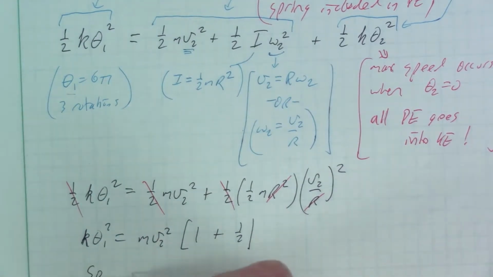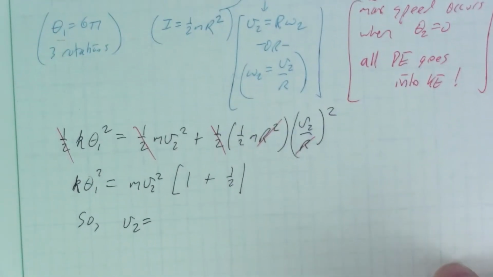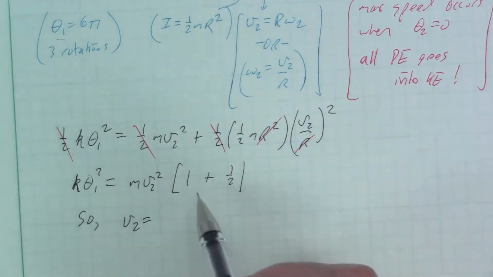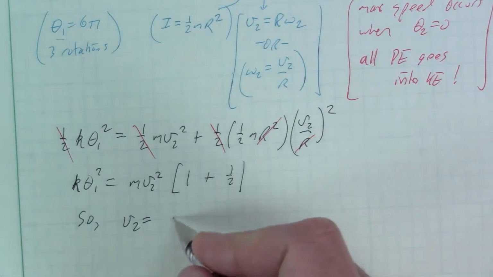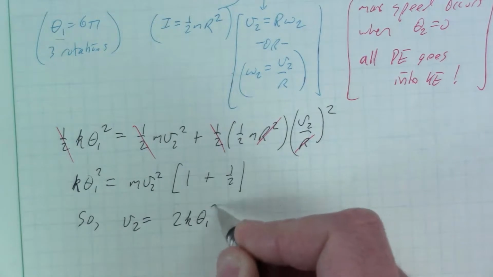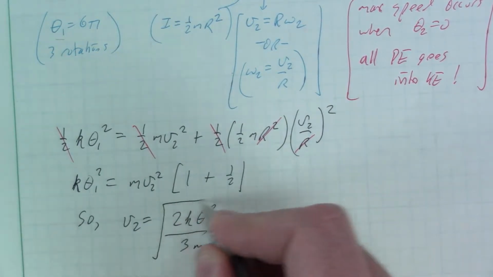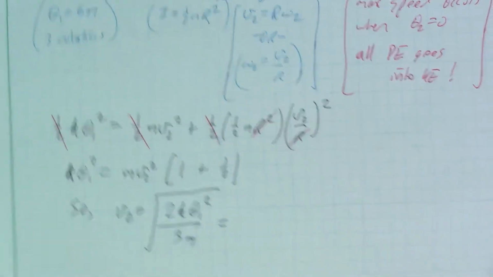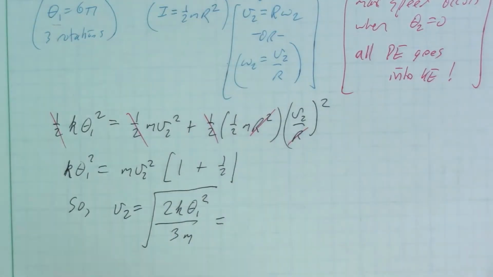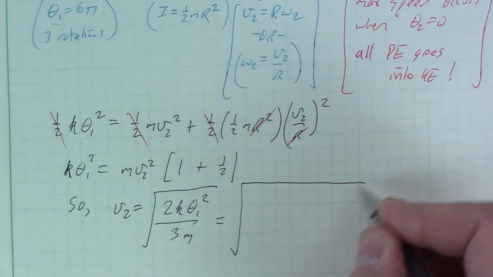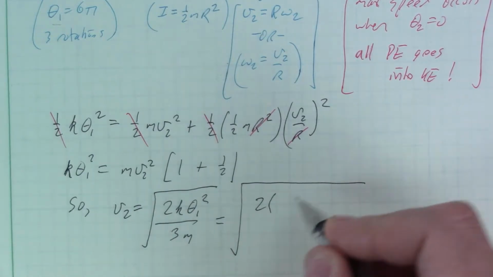So we have v2 equals, this is 3/2, pull to the other side, that's 2/3, 2k theta 1 squared over 3, divided by the mass, before we square root. A lot of these relations are like that other example we had last time, though actually a much simpler ending relationship.